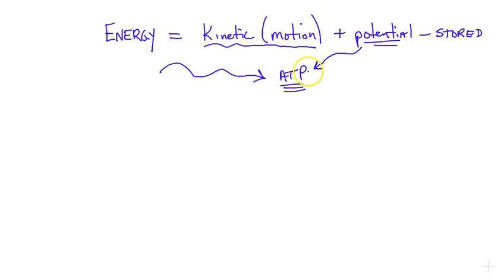Well, adenosine triphosphate has 3 phosphate groups and they have 3 negative charges in a close area. And this creates high tension like a spring, very coiled. And by cleaving one phosphate off, energy is released.